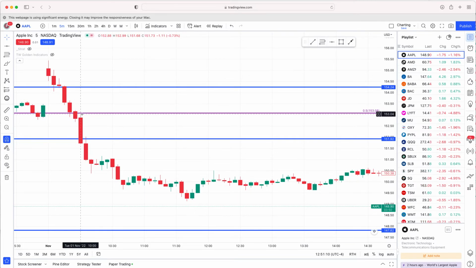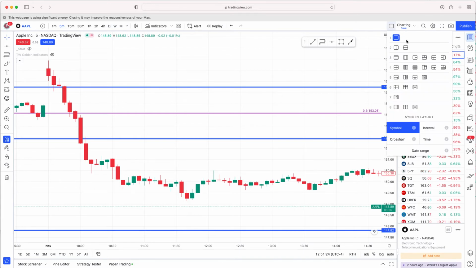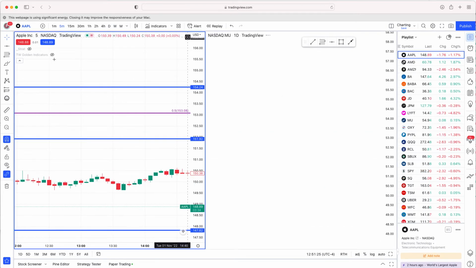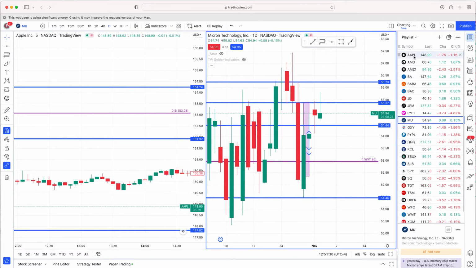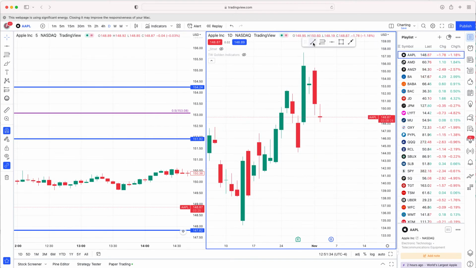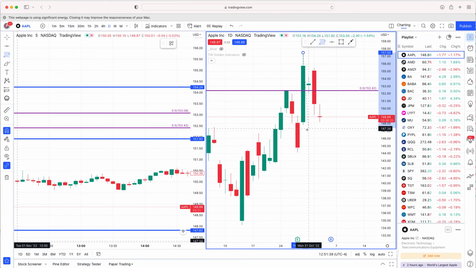I added more to my position since we did not bounce off of this 50%, to start retracing and going back. We had that continuation. I got into this, and luckily for me, if I quickly pull up the daily chart on this side also for Apple, I believe I had the 50% of Friday's action over here.